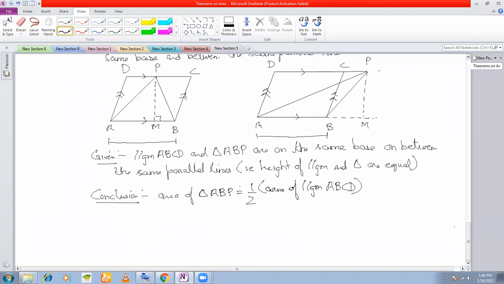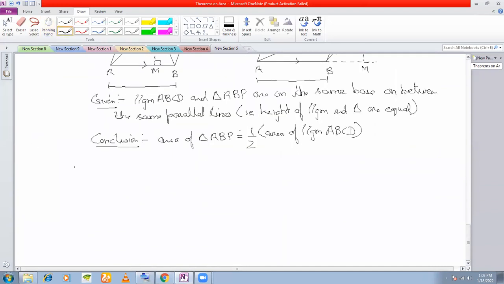A deduction from this, or a corollary to this theorem, corollary to theorem number 3. Corollary means what? A deduction, right?